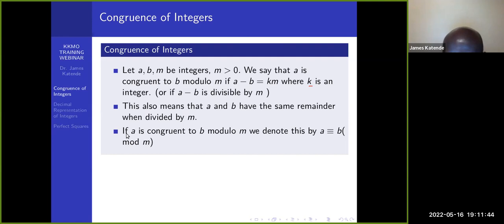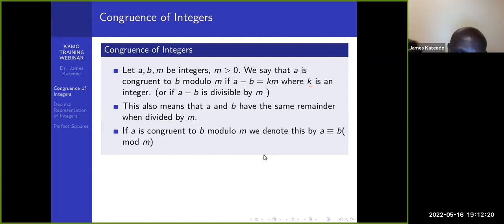The notation for this is, you have A and then three parallel lines, A is congruent to B, and then you have the modulo M. So that's how we write that A is congruent to B modulo M, to mean the difference A minus B is divisible by M. That's the definition of congruence of integers.